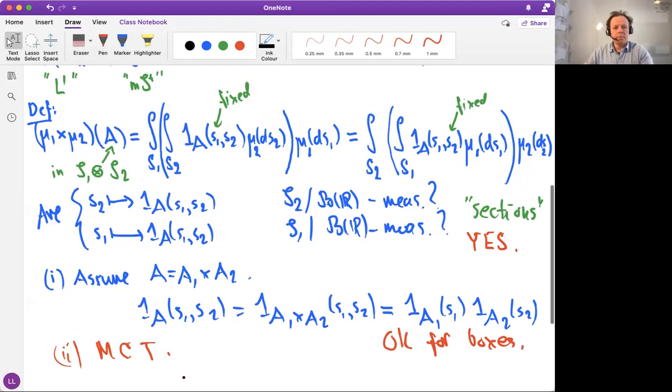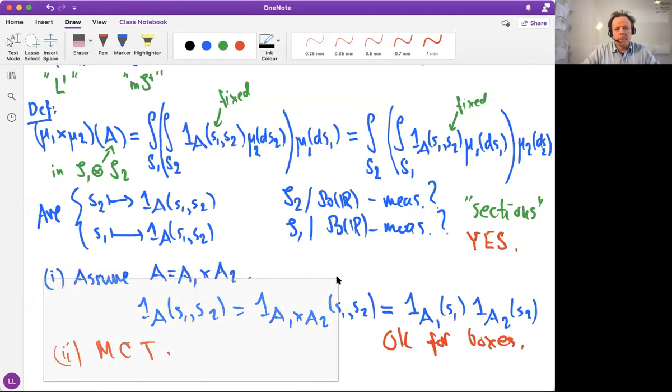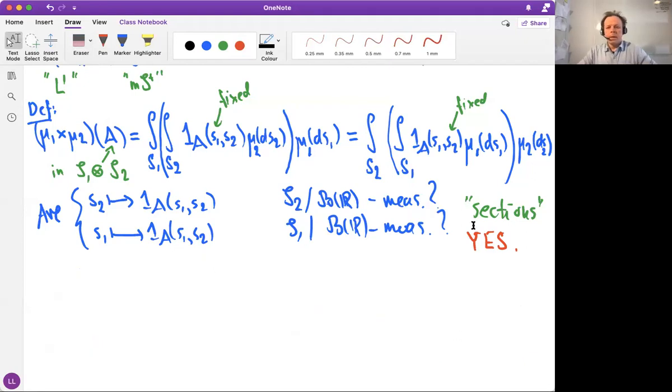Please let me know if you have questions about this part. Here you need to do reading if you want to really verify this part, but in the lecture notes, you can find this. So we answer that these are measurable things. So let's clean up a bit.